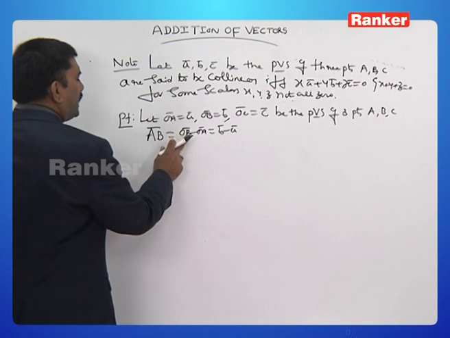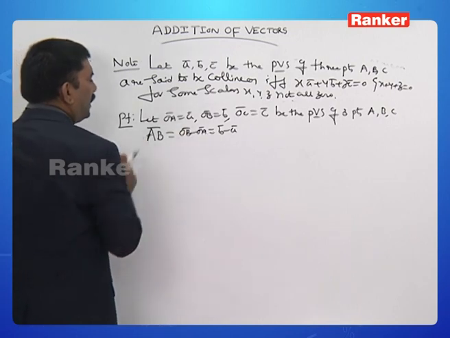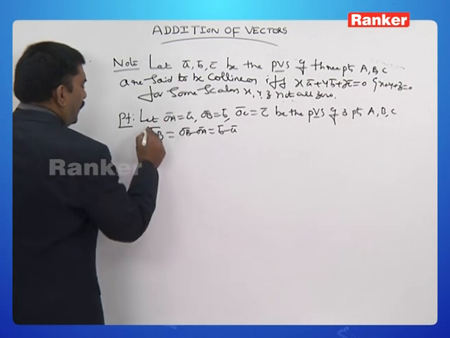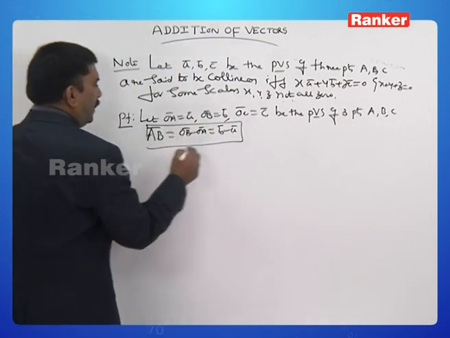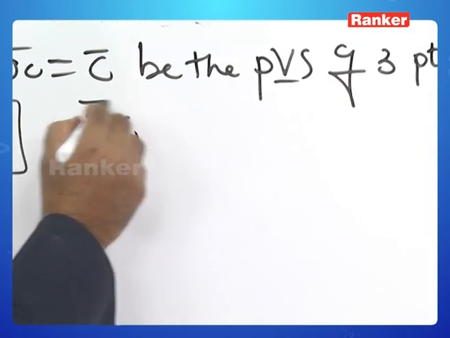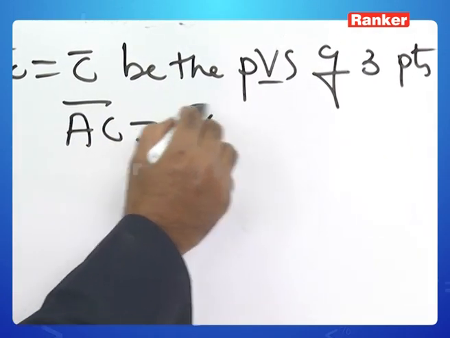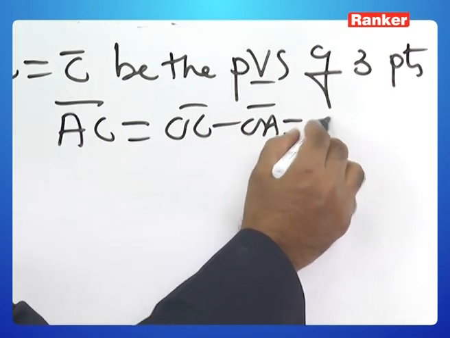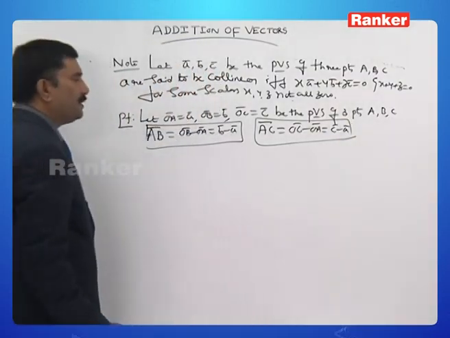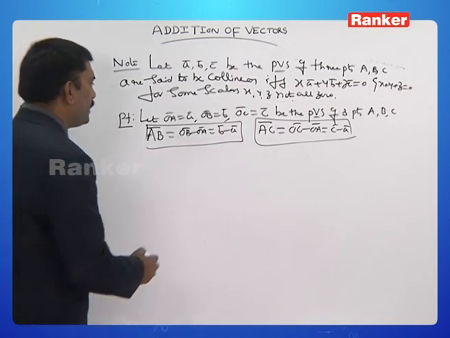One vector can be expressed as position vectors of its extremities. Next, I can write AC bar is equal to OC minus OA is equal to C bar minus A bar.